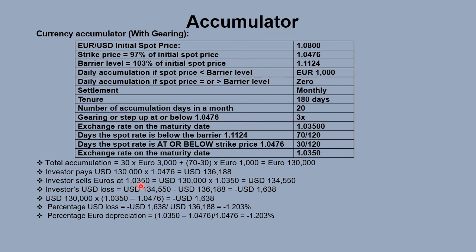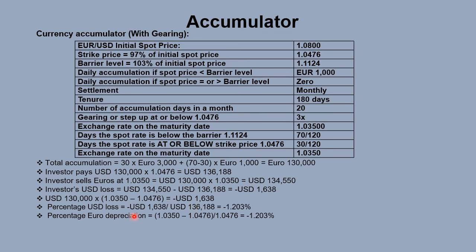If the investor sells all the accumulated euros at the maturity exchange rate of 1.035, he will get USD 130,000 into 1.035, which is USD 134,550. The investor's loss is equal to 134,550 minus USD 136,188, which is USD 1638. This can also be calculated as USD 130,000 into 1.035 minus 1.0476, which is equal to minus USD 1638.